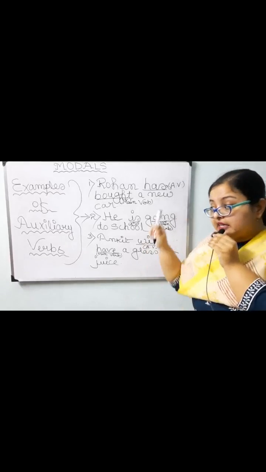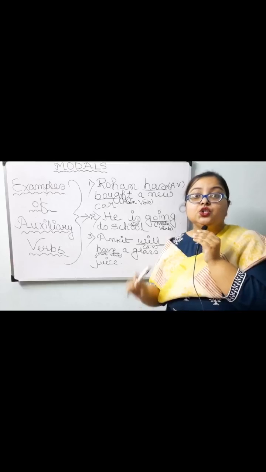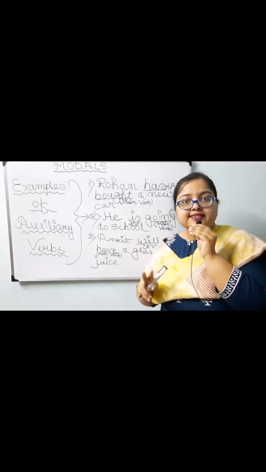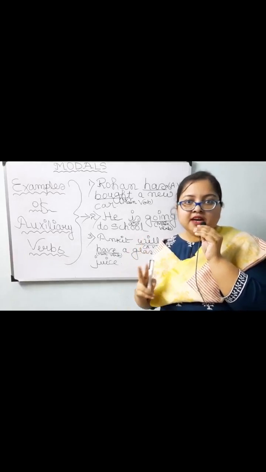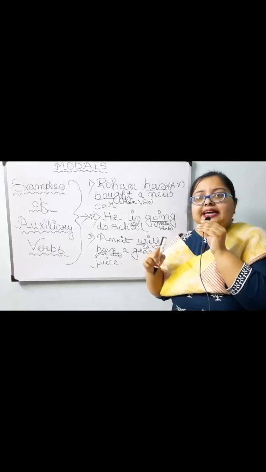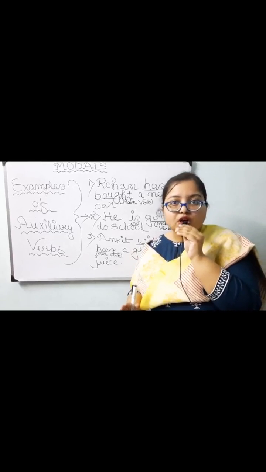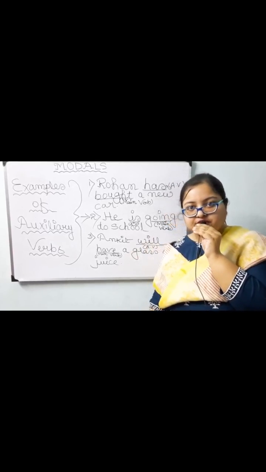Rather, each and every sentence has two verbs. One is acting as the main verb and another is helping it, so it is acting as an auxiliary or helping verb.